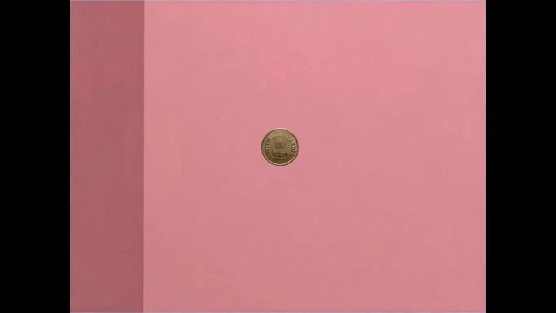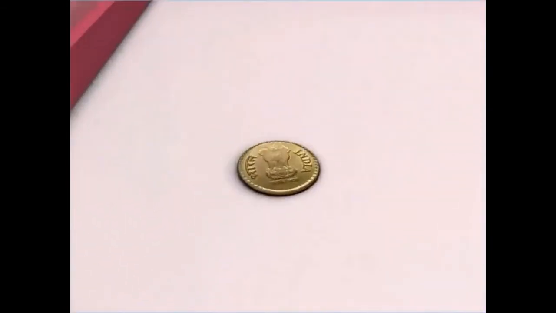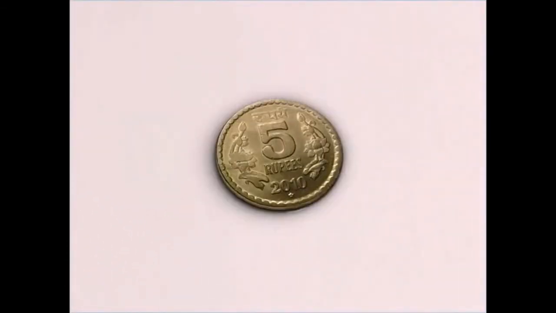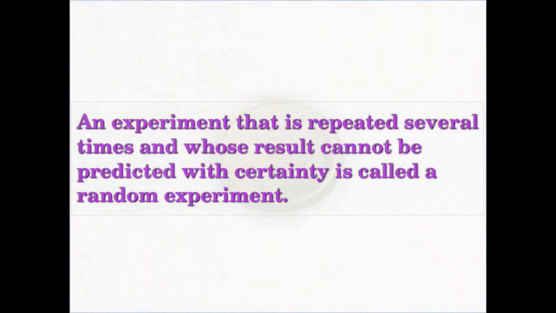If we flip the coin several times, we get different outcomes. Such an experiment that is repeated several times and whose result cannot be predicted with certainty is called a random experiment.